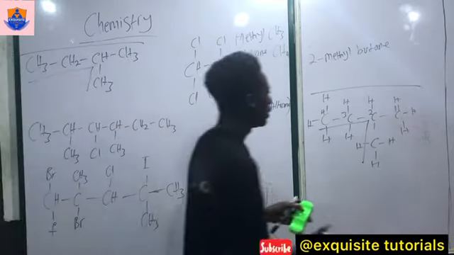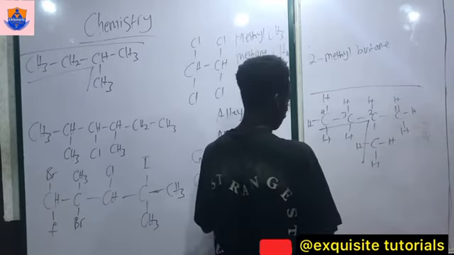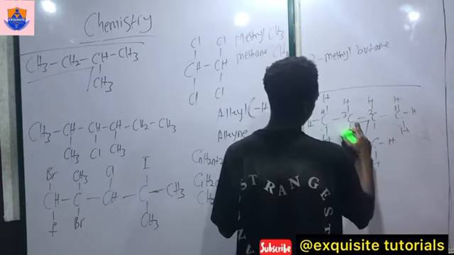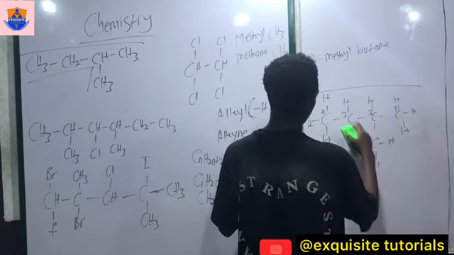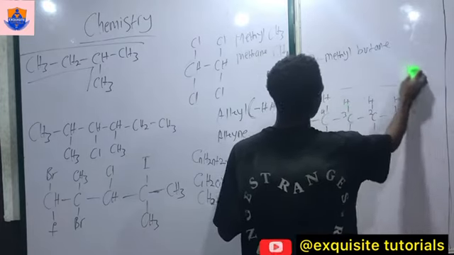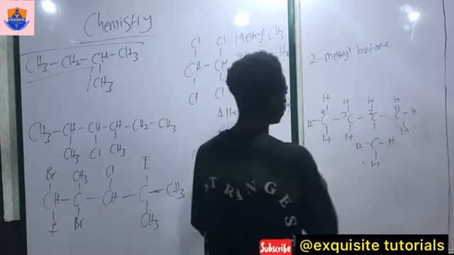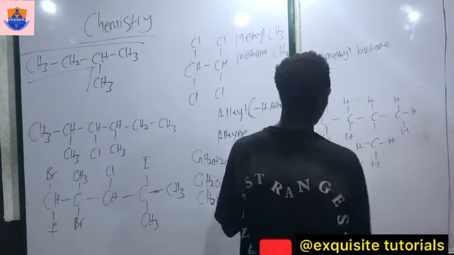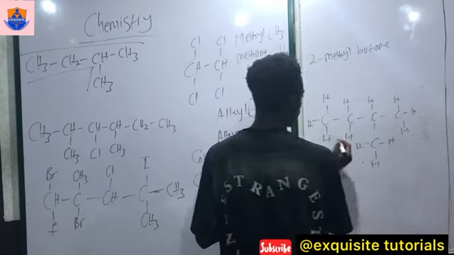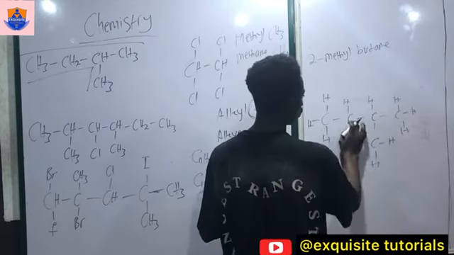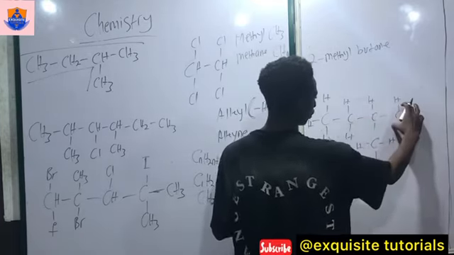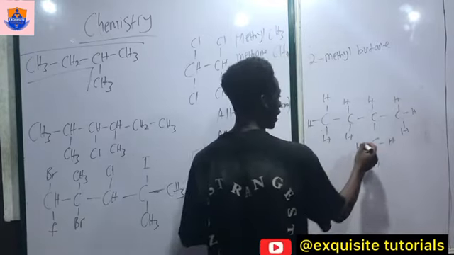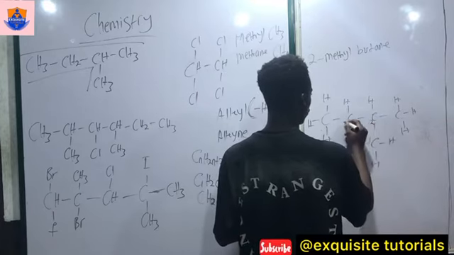So now let's rename it like this. Since we have 1, 2, we have 2 carbons to this branch, and one carbon to this branch. We'll name it like this: 1, 2, 3, 4.